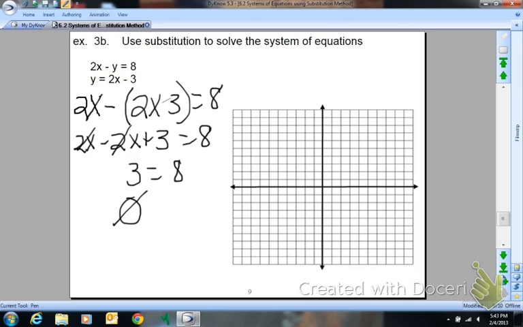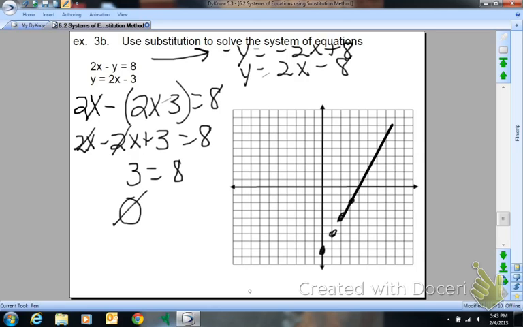That means that if I graph these two equations, they would be parallel lines. If I solve the first equation for y, that's -y is equal to -2x plus 8. Divide by -1. Draw your line.